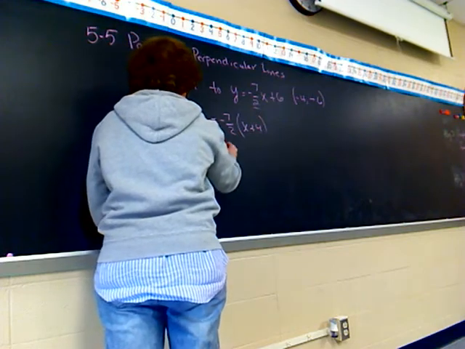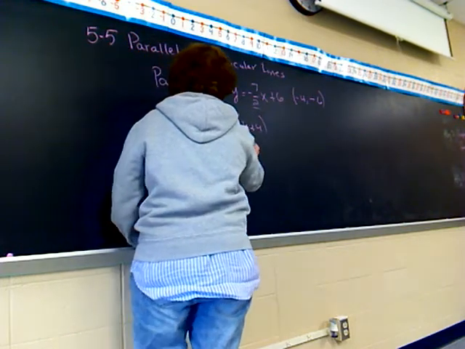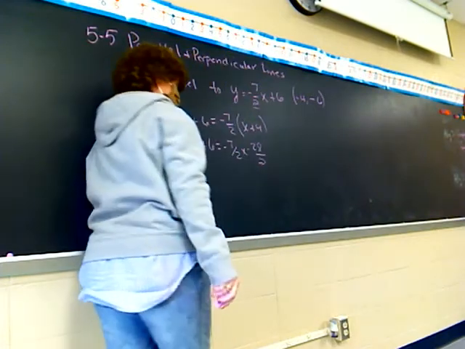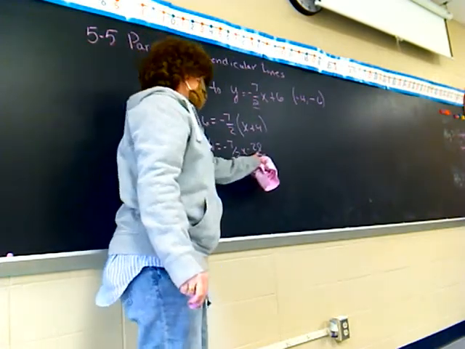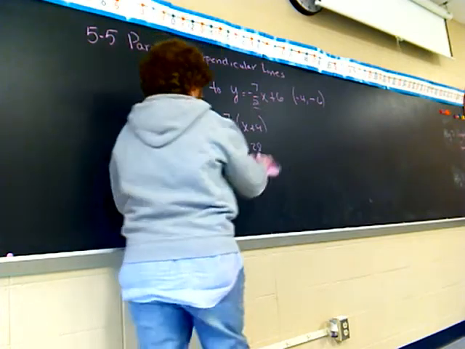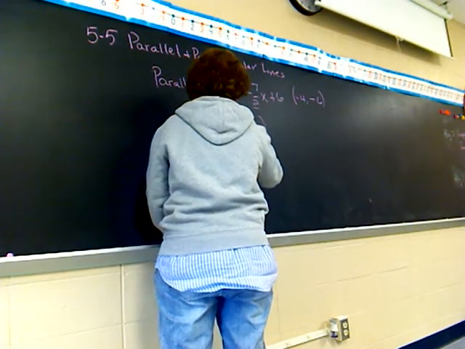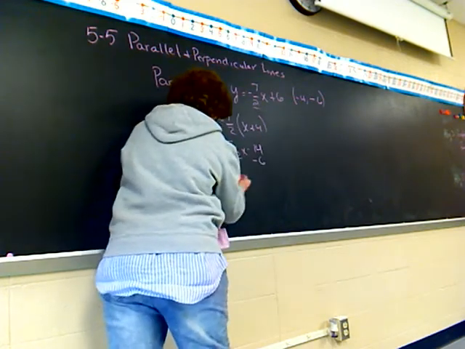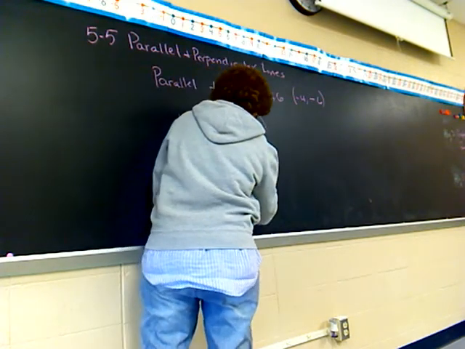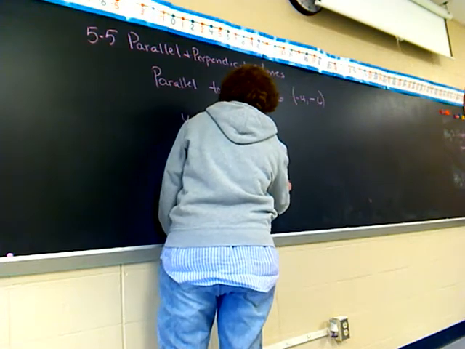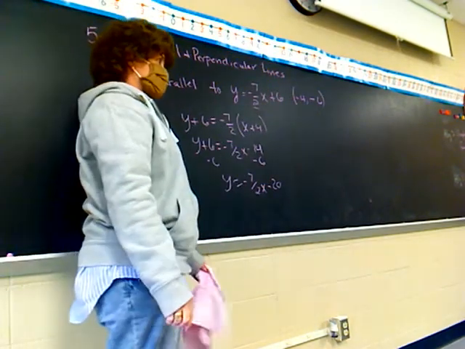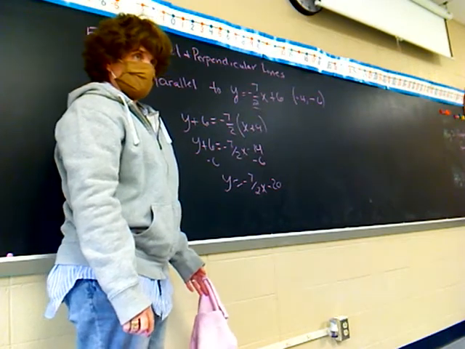We get y plus 6 equals -7/2 x minus 28/2. 28/2 reduces to 14, so minus 14. Subtract 6 from both sides, and you're going to get y equals -7/2x minus 20. And that's how you write equations for lines that are parallel.